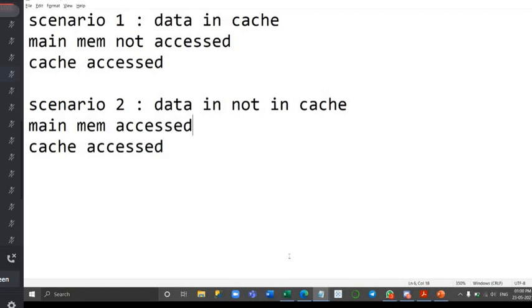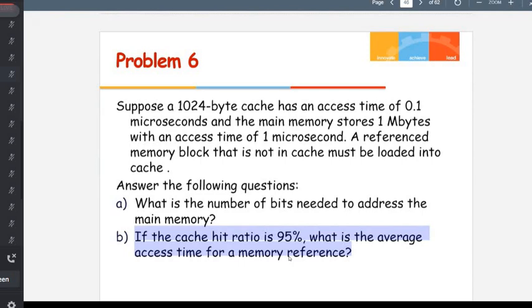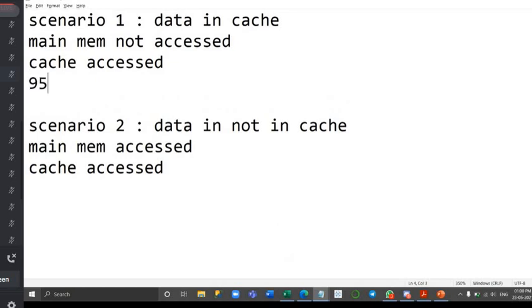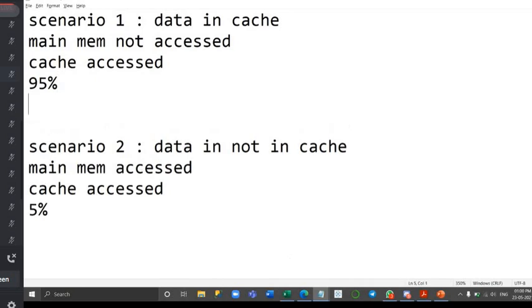Okay, so in this scenario, we have 95% cache hit. For 95% of the time this will be happening, and 5% of the time this will be happening. My time here is 0.1 microsecond, and my time here is 1 microsecond.